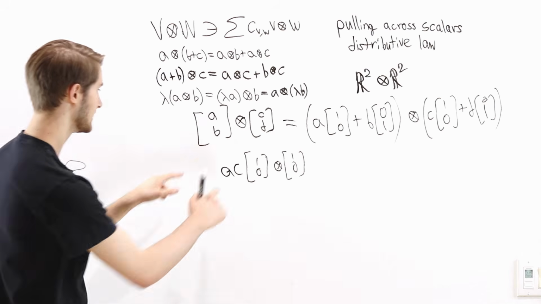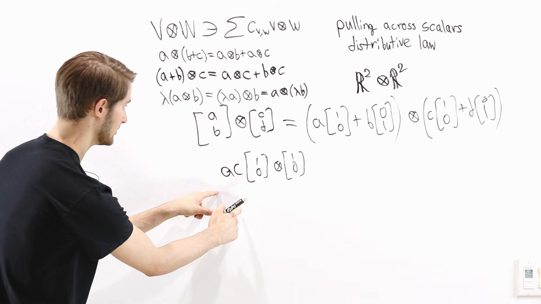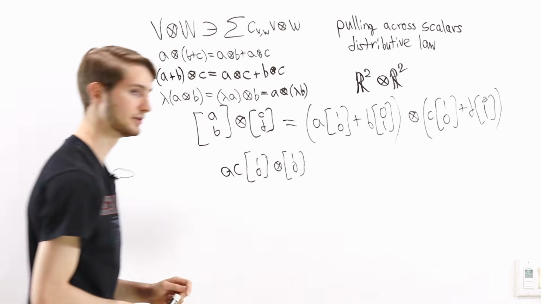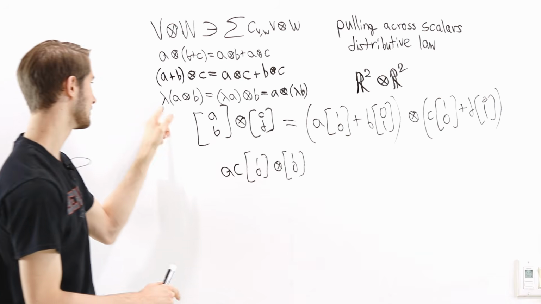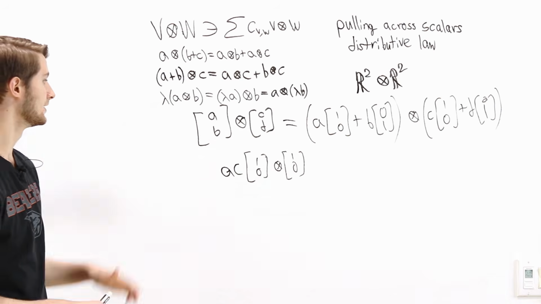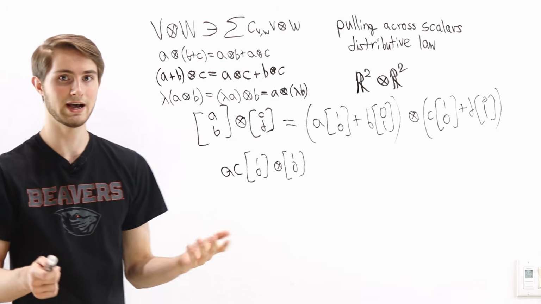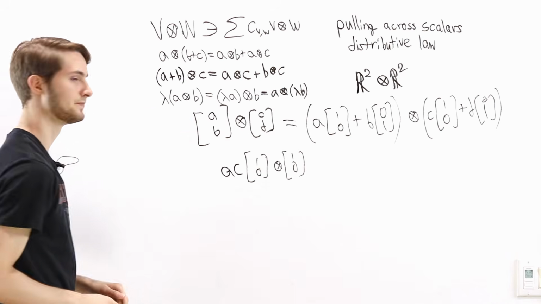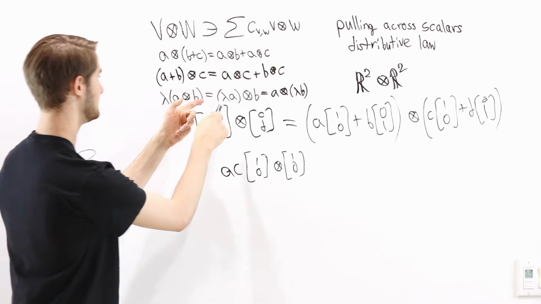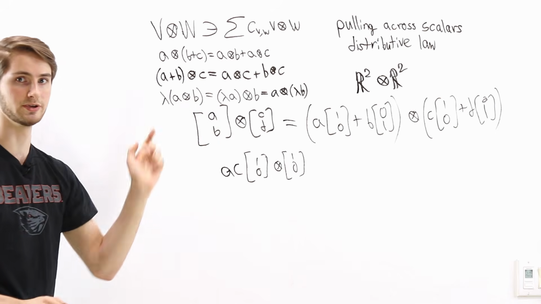Am I saying we take ac times (1,0) and then tensor that with (1,0)? Or am I saying this is the tensor and ac is a scalar out in front, like here? The answer is, it doesn't really matter, because lambda times a tensor b is the same thing as lambda a tensor b. They're equal to each other.